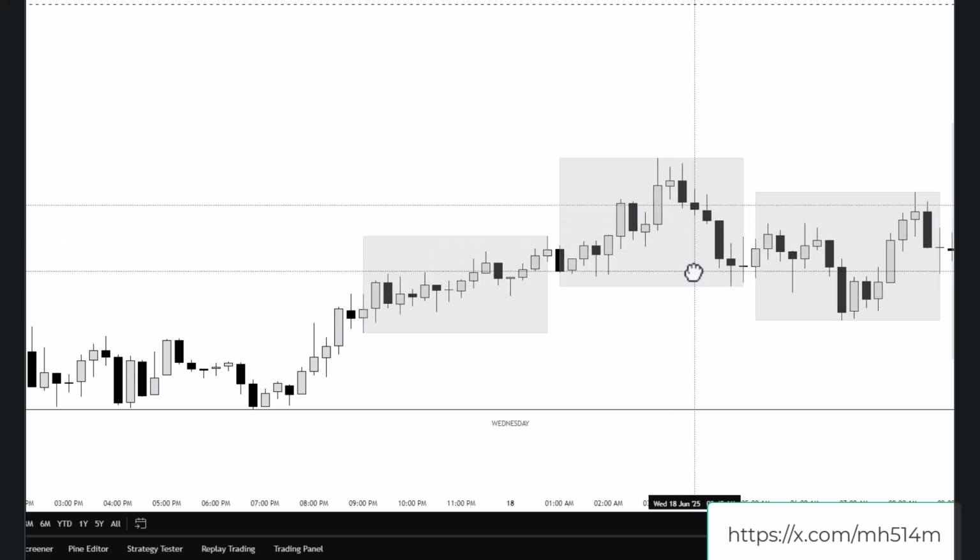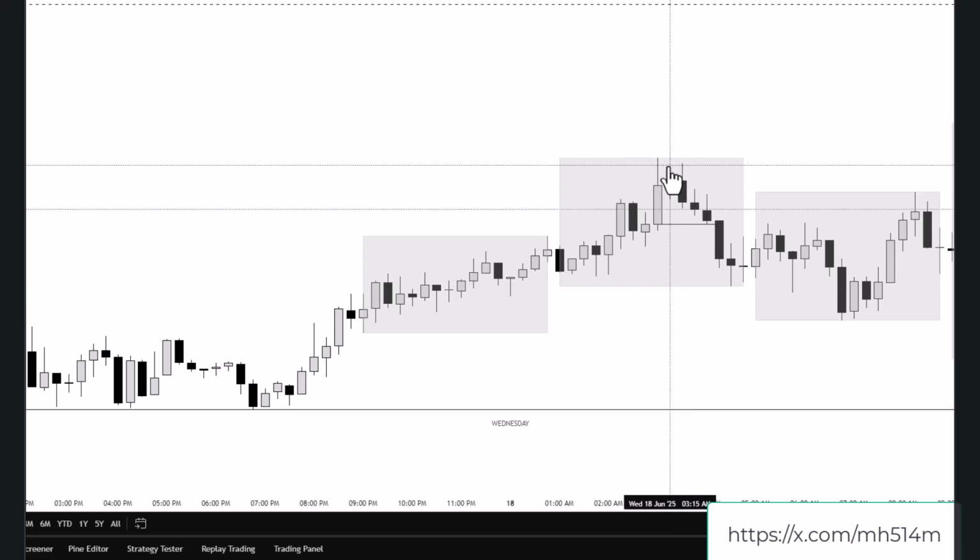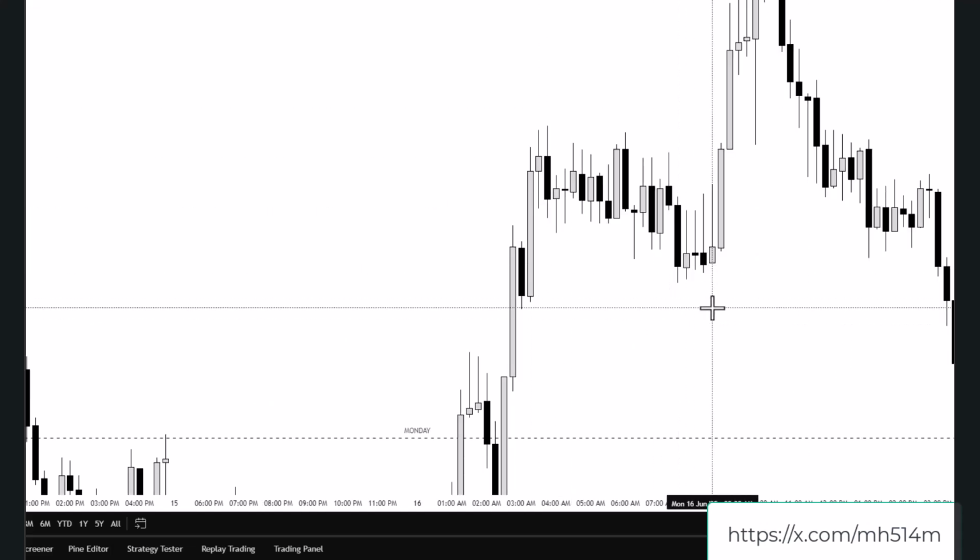So what is our valid CISD? That candle is a valid CISD which has purged or swept the liquidity. So our valid CISD will occur when this candle engulfs. So this was not our valid CISD. This is our valid CISD candle. Here we can see another example.